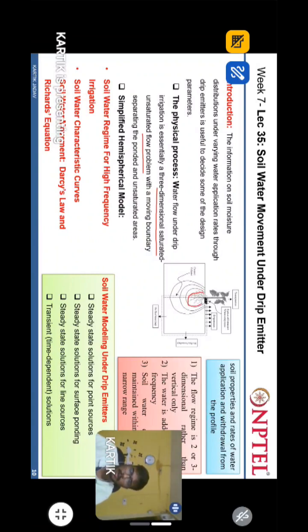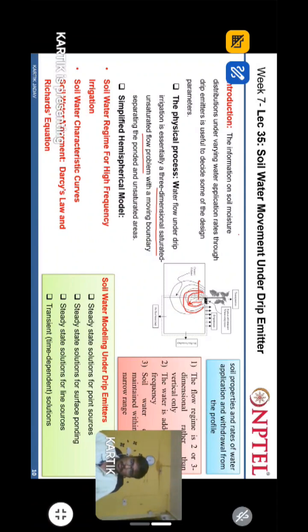First the pattern is like an onion shape, right? After some time the soil gets saturated, and the soil water movement will start in each direction, in the horizontal as well as the vertical direction.